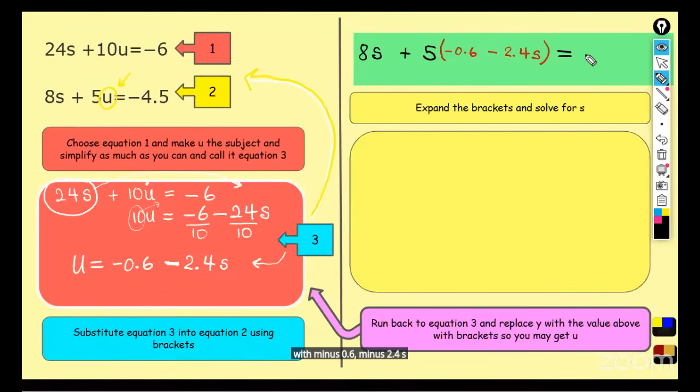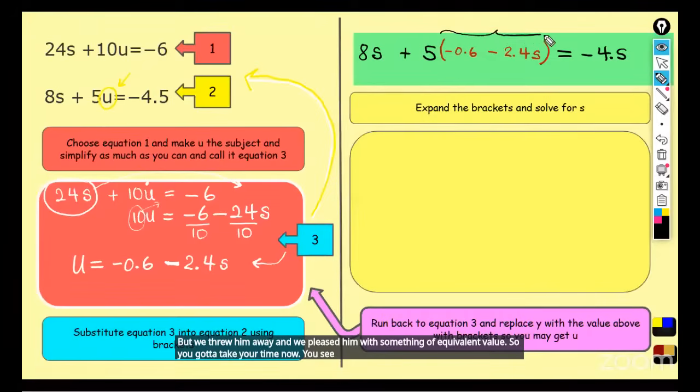And this whole thing is equal to minus 4.5. Look at it here. You still live here, but we throw him away and we replace him with something of equivalent value. So you've got to take your time now. You see everyone in these red brackets is multiplied by who? Mr. 5, right?